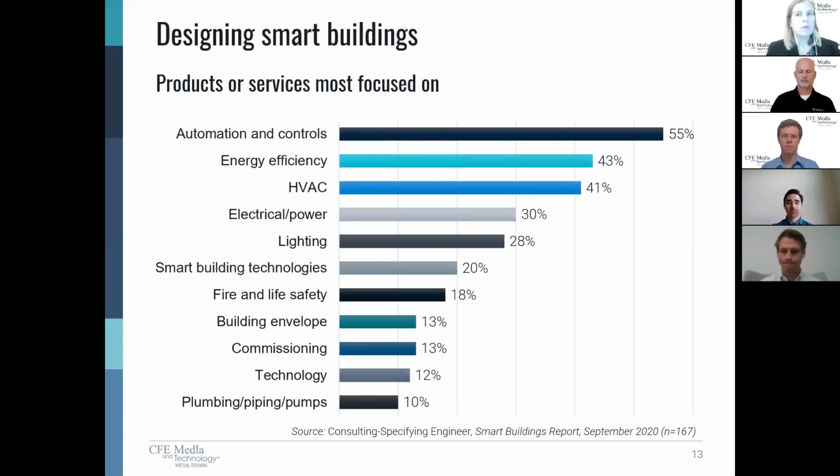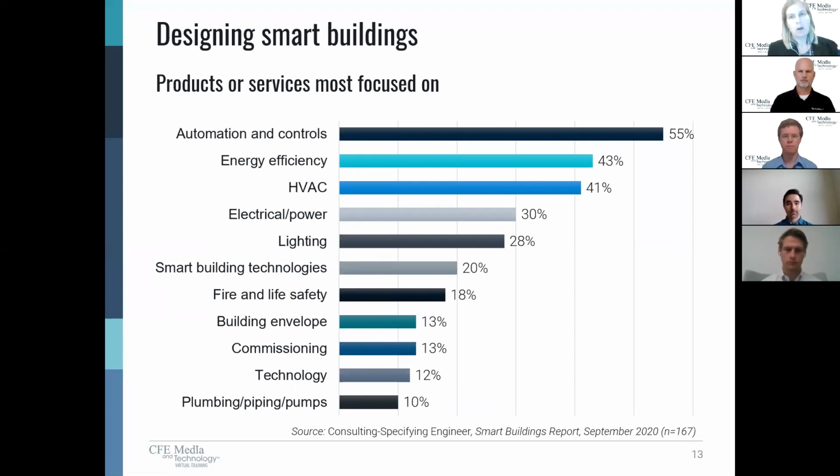We wanted to know at Consulting Specifying Engineer what was really going on in the engineering community. So we conducted some research just recently. This information came out in September on what engineers, consultants, and others allied to the building field were doing in the smart building industries, and what products and services they were focusing on.